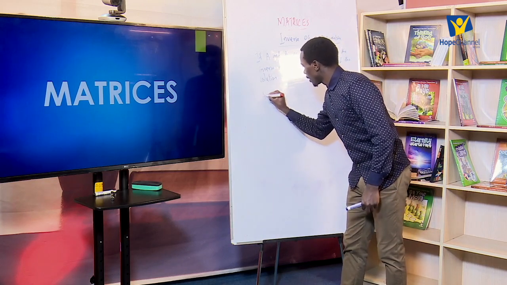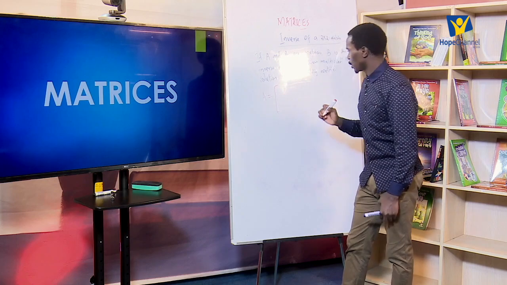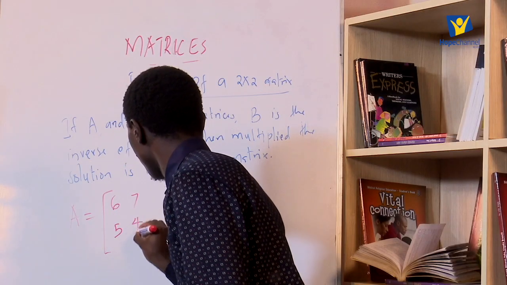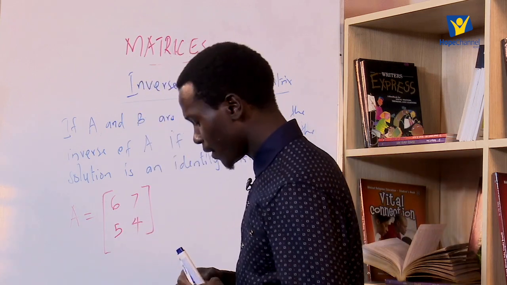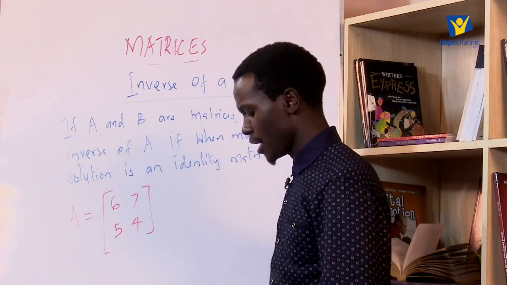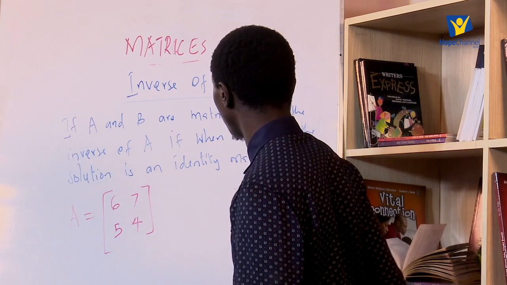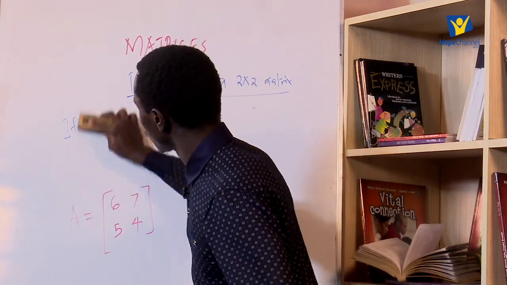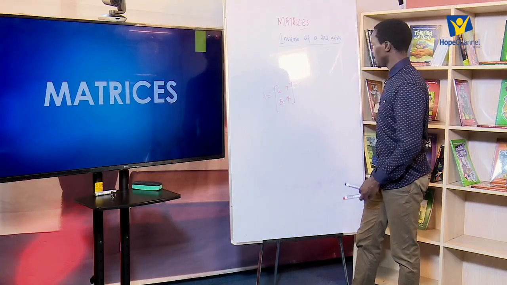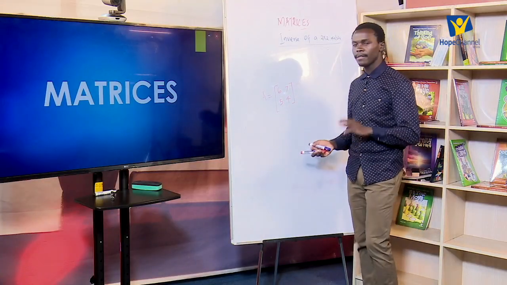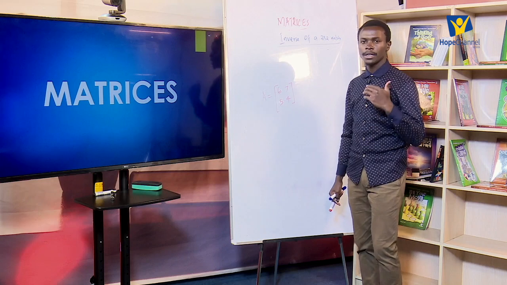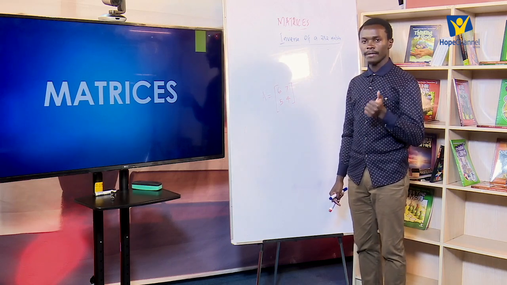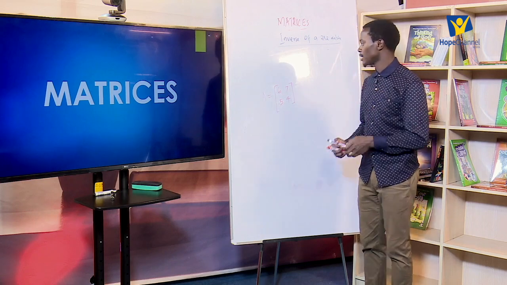Let's say, for example, A is a 2 by 2 matrix with these elements 6, 7, 5, 4. Now, you're supposed to find the inverse of A. Let's see how we're supposed to go about it, and then find the inverse of A as we multiply to see whether it gives us an identity. The very first thing, when working out the inverse of a matrix, is to determine the determinant of that matrix.